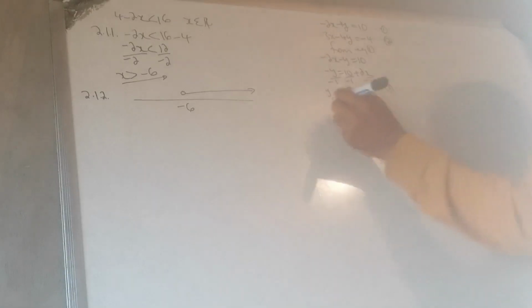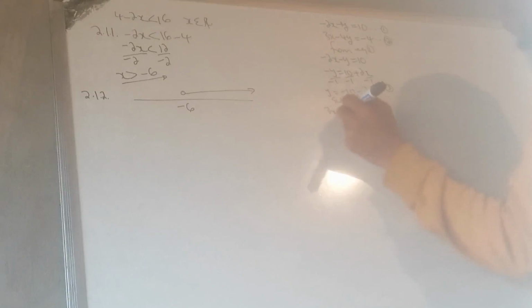In equation 2, 3x minus 4y equals minus 4.